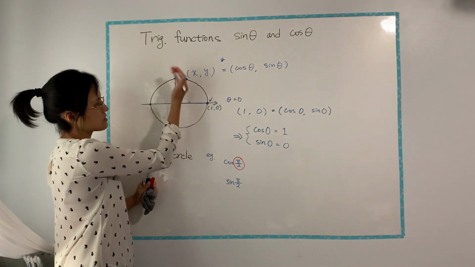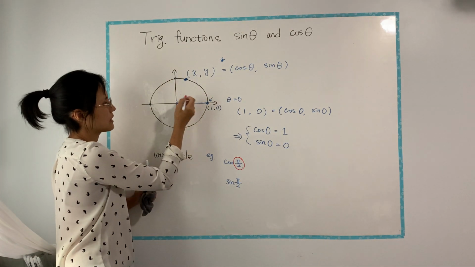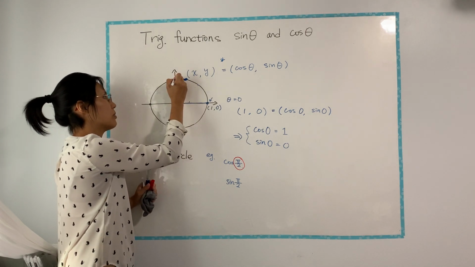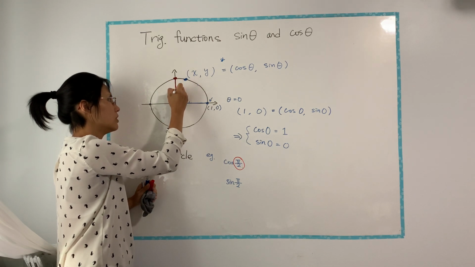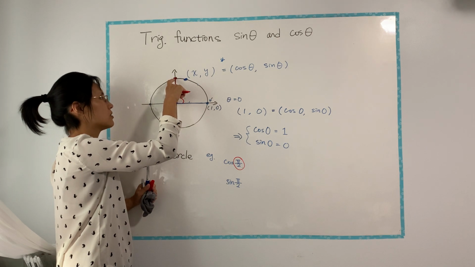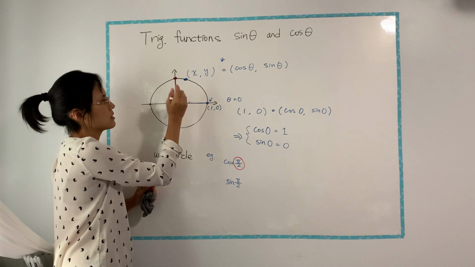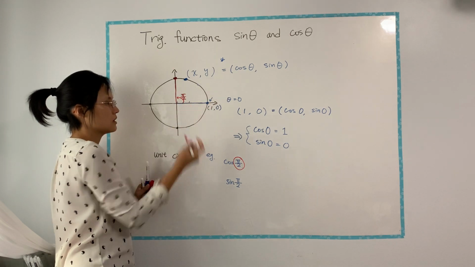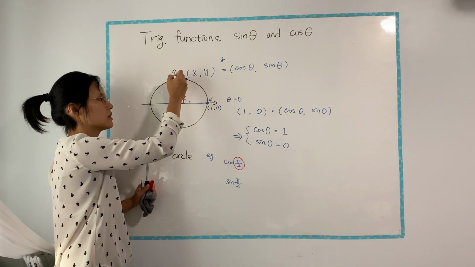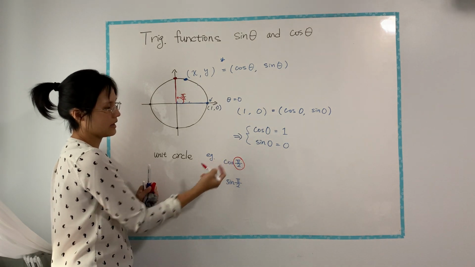So I know pi is the entire 180 degrees, so half pi is 90 degrees. So half pi is here. So the point I'm looking for has the angle between this line segment and the positive x-axis being a half pi. So far, what did I do? I located this point that gives me angle equals a half pi.